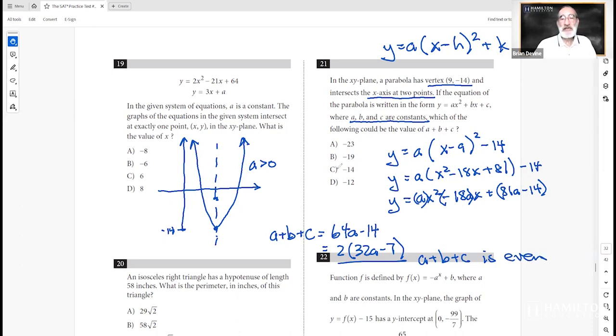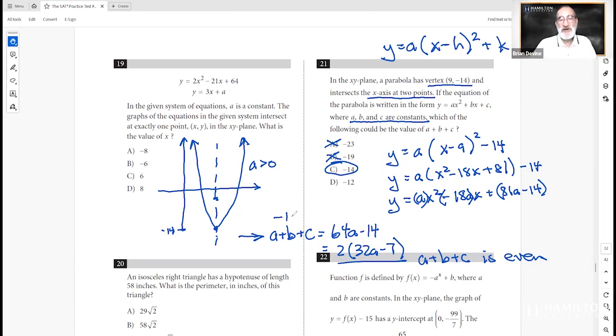And so it can't be b, it can't be a. And I also note this, is that if a plus b plus c equaled negative 14, if this was true, well, then that means that a has to be 0.